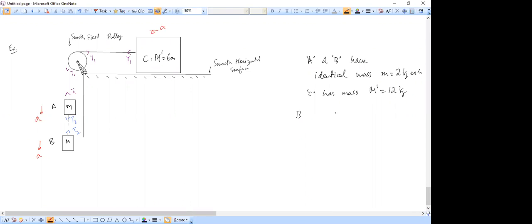Both the threads are light. And g is equal to 10 meters per second square. So find the acceleration of the system and the tension T1. Okay, so just try this out, people.